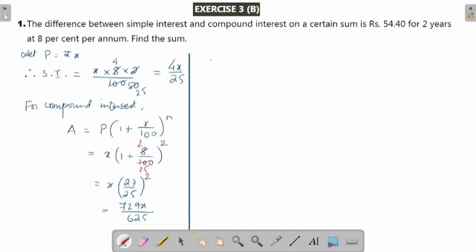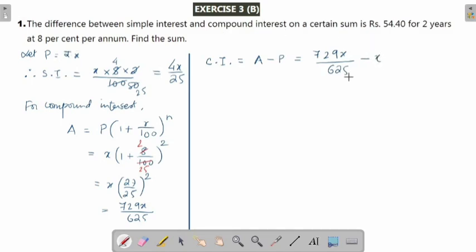Now let's find the compound interest. You find compound interest using the formula amount minus principal. So the amount is 729x by 625. From this amount I'll subtract the principal, which is x.